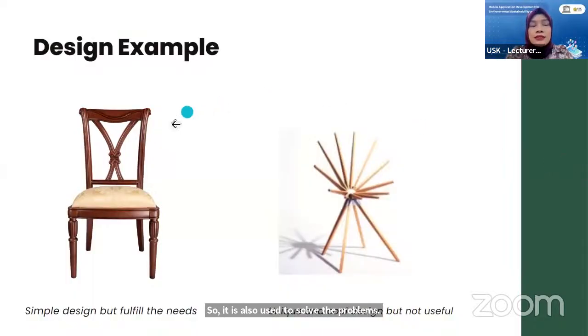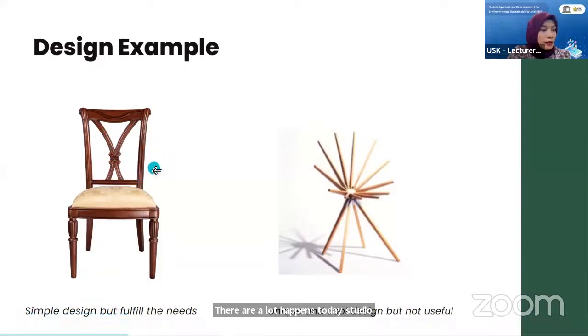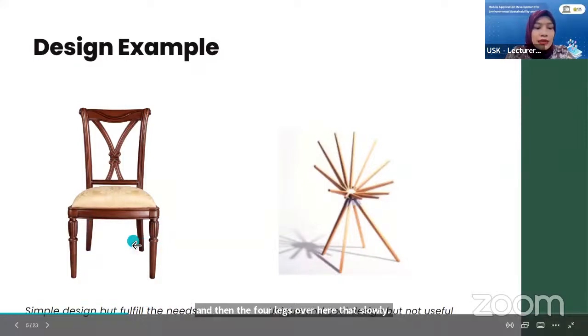So these are design examples. We have a chair design. There is a lot that goes into designing this chair, like the seat that supports our body weight, the backrest that makes it possible for us to lean comfortably, and the four legs that are solid.